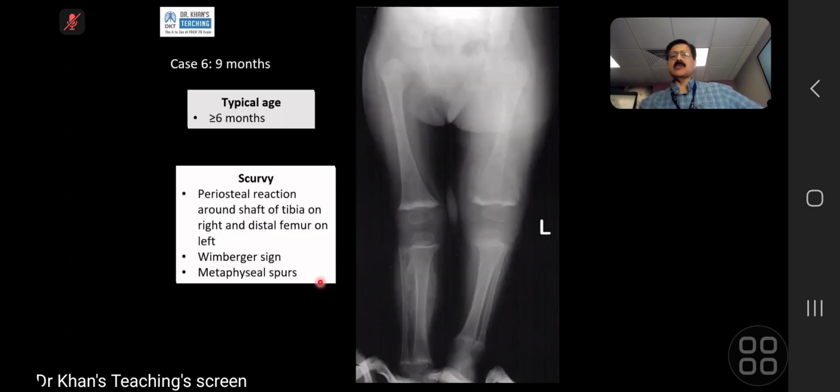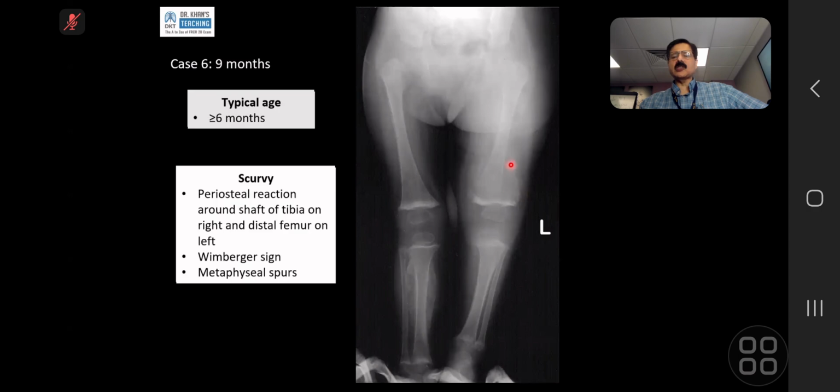When that happens, and this is the type of case we are looking at in the exam, first of all, please remember that scurvy cannot happen before 6 months of age, because the ascorbic acid from the maternal blood goes into the fetus. So the first 6 months are fine. Then it can occur.